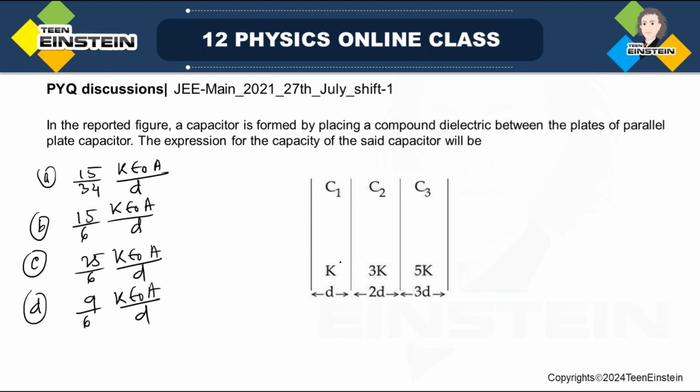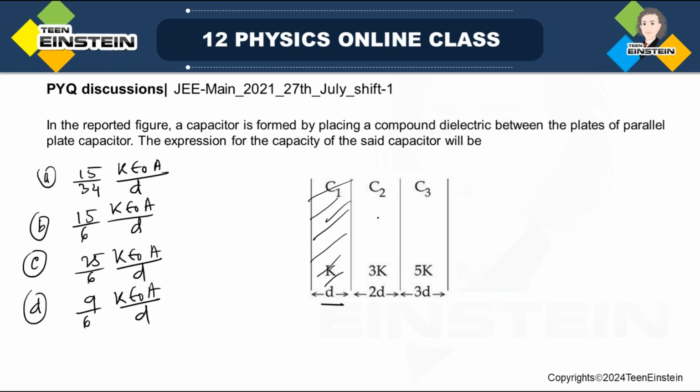See here, you can see that this is filled with dielectric material K and with the thickness D, and it will act as a capacitor of capacitance C1.